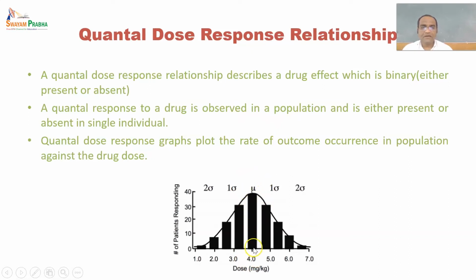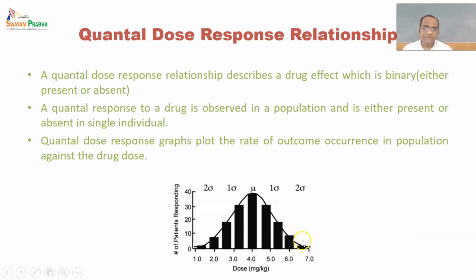So 4 has been calculated as the dose for the drug, because a large number of the population gives a biological activity at this position, at 4. So this is taken as the dose of a drug, and as the concentration of the drug increases, there will again be a loss; all patients will not respond accordingly.